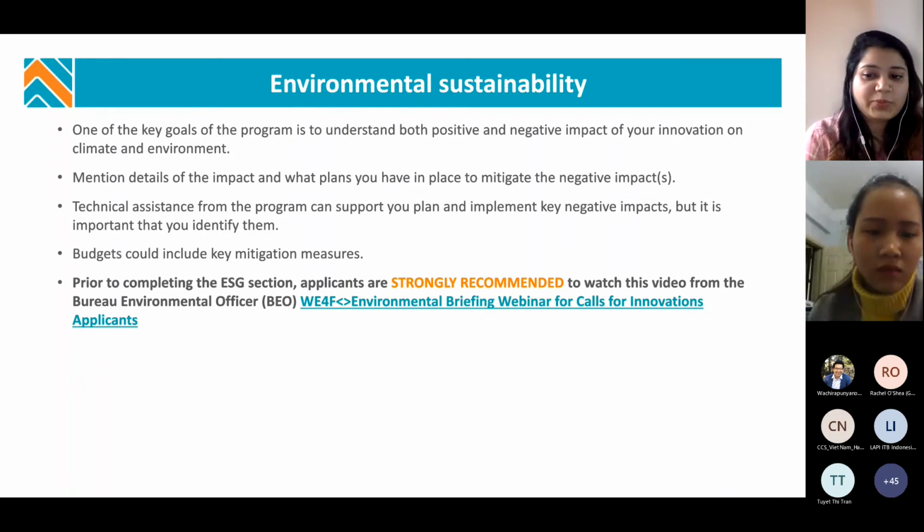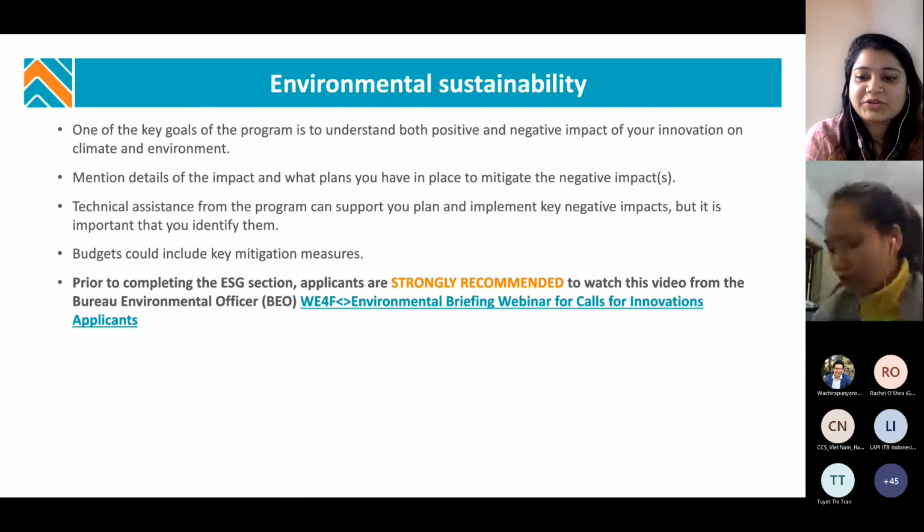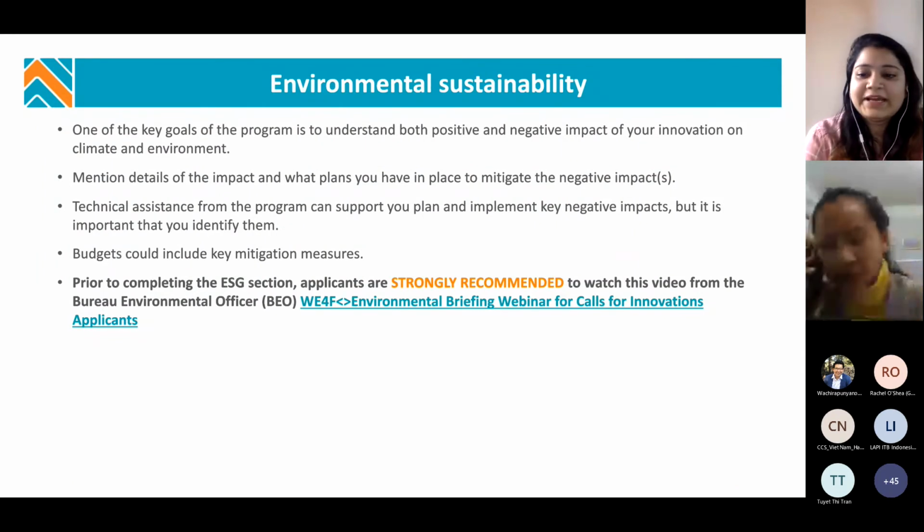Similar to the BOP and gender impact, the technical assistance at the hub is going to help and support you as needed to implement any of the mitigation strategies that you might plan to address the negative impacts of your model. So that's fine. To have a negative impact in itself is not a problem.